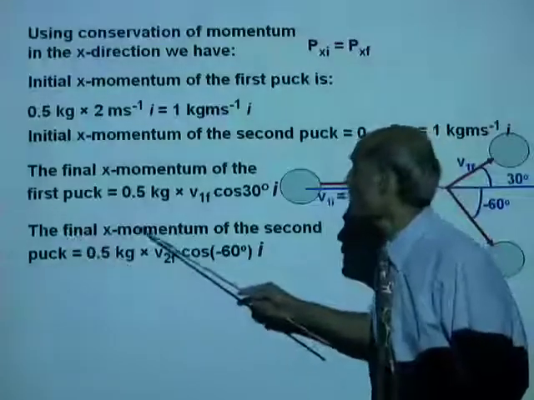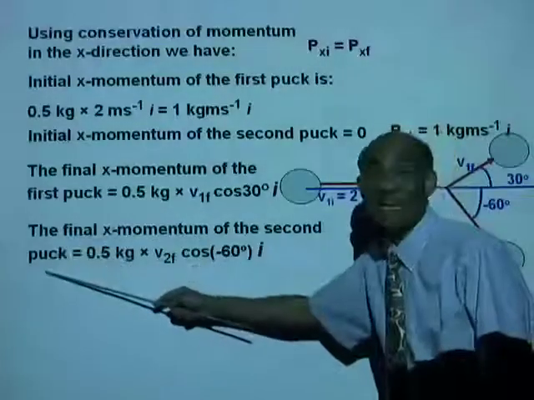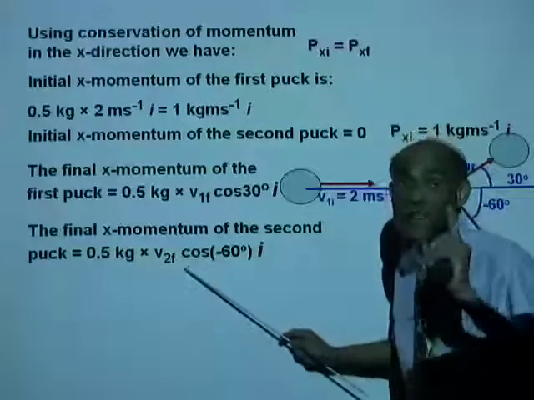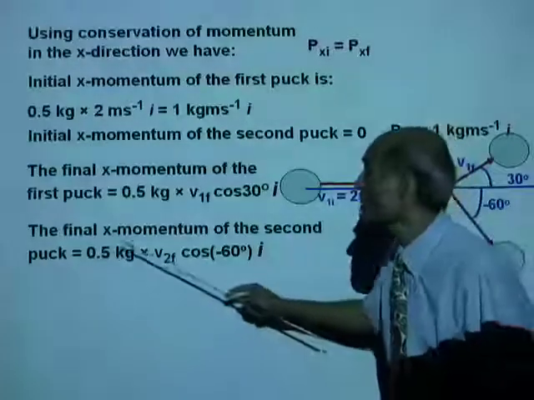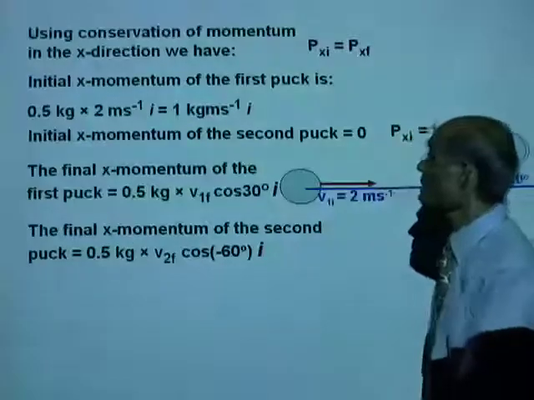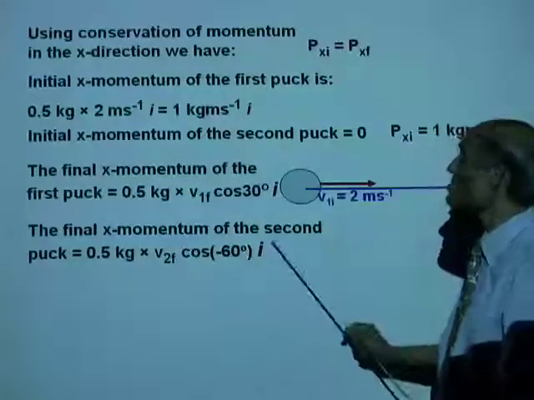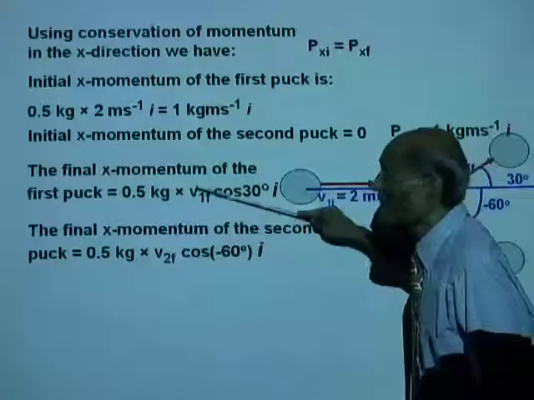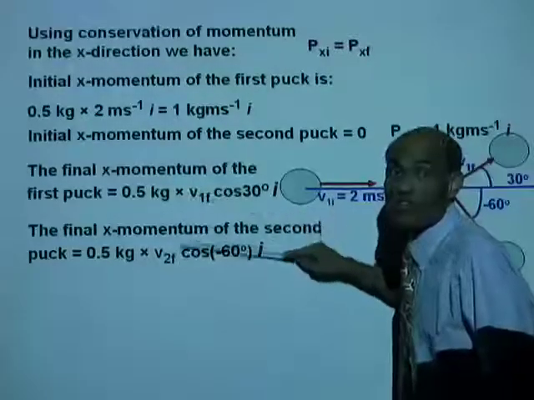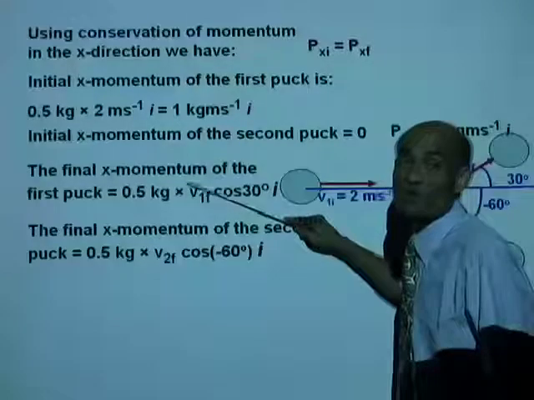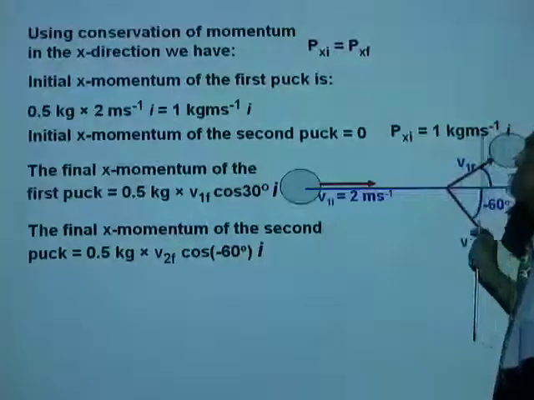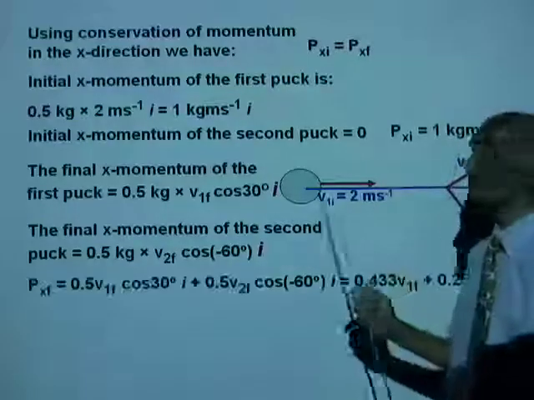Now, the final x momentum of the second puck is its mass times its x velocity, that is 0.5 kilogram times V2F cos negative 60 degrees I. That means if you now add these two quantities, that will be the total final momentum, and that must be equal to the total initial momentum.